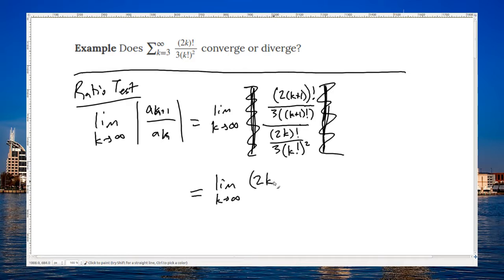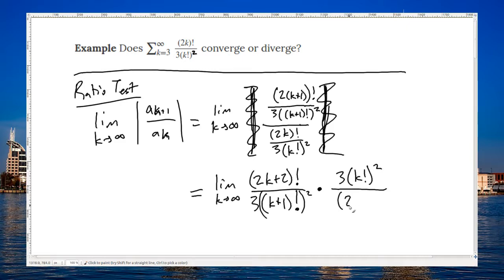So I'll write that as 2k plus 2 factorial on the top, divided by 3 times k plus 1 factorial on the bottom. Oh, nope, be careful, there's a square there. I forgot to rewrite the square from the original problem. So all that is going to be squared. Times, now I'm going to flip the bottom. 3k factorial gets squared, divided by 2k factorial.